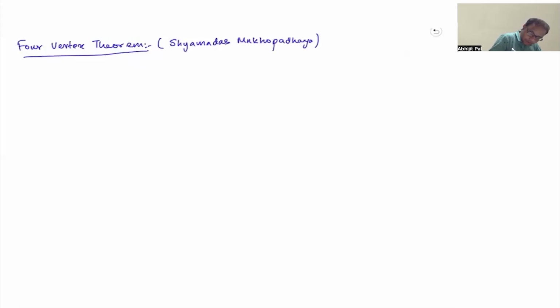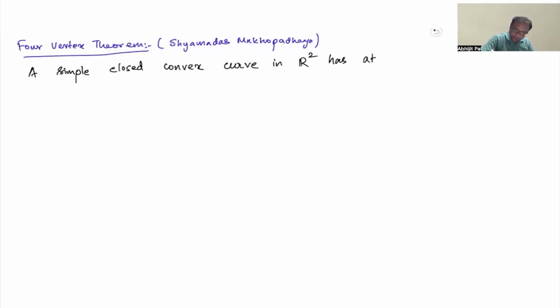A simple closed convex curve in R2 has at least 4 vertices. This we are going to prove.